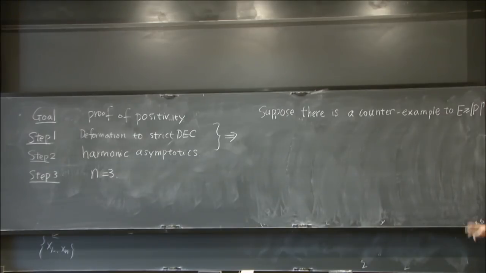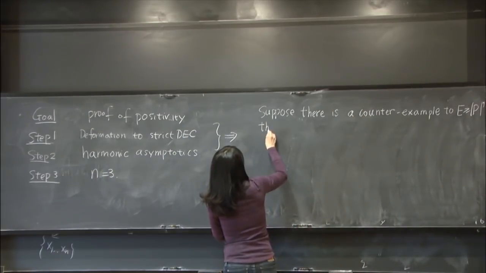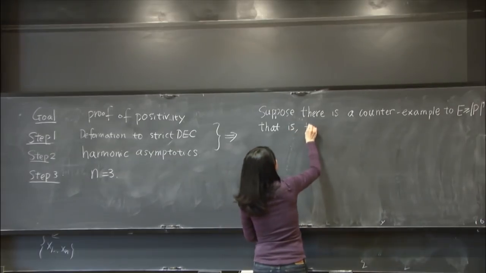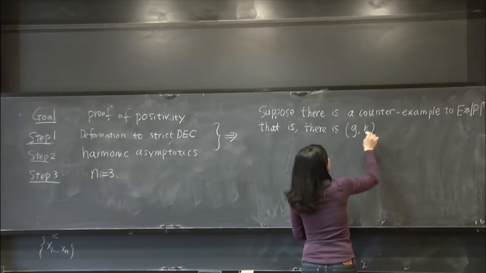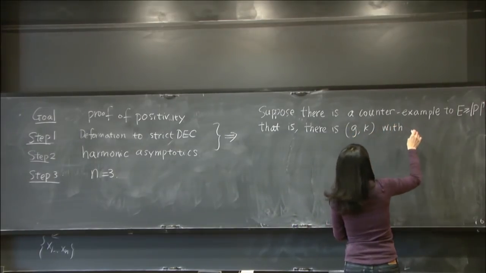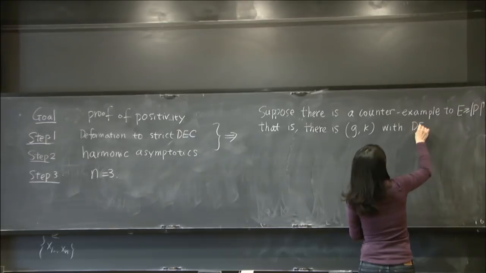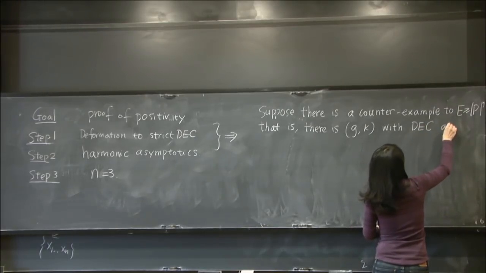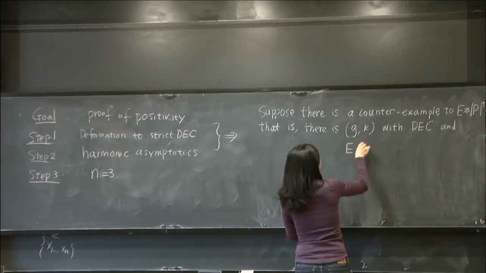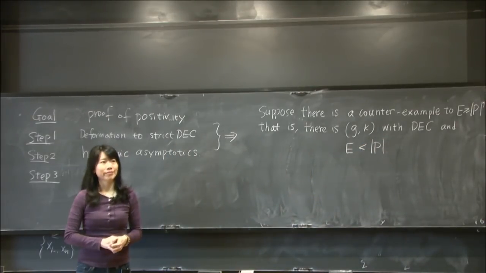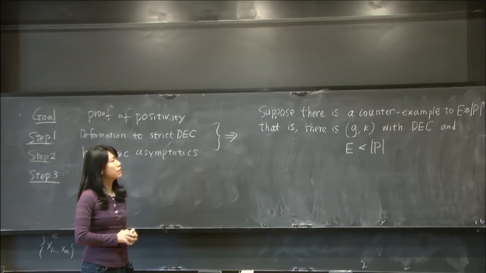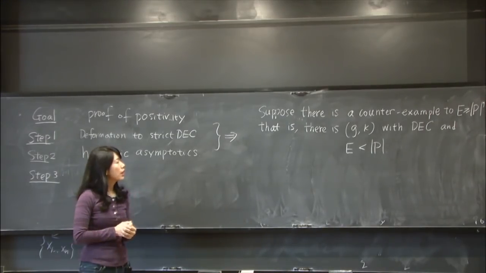So it's by contradiction. Suppose there's a counterexample. What would go wrong? Okay? So the conclusion fails, the positivity fails, but all other assumptions hold.